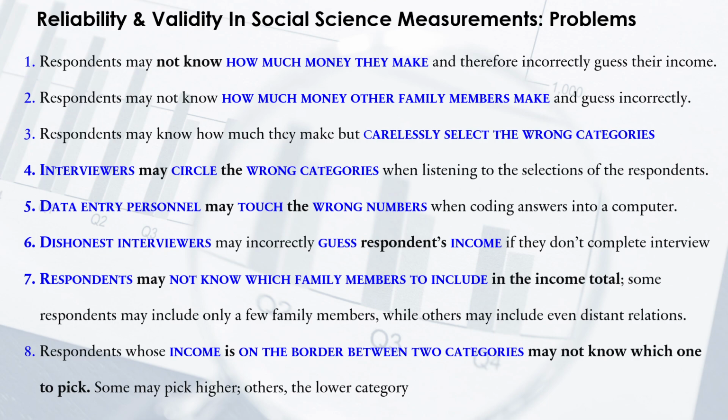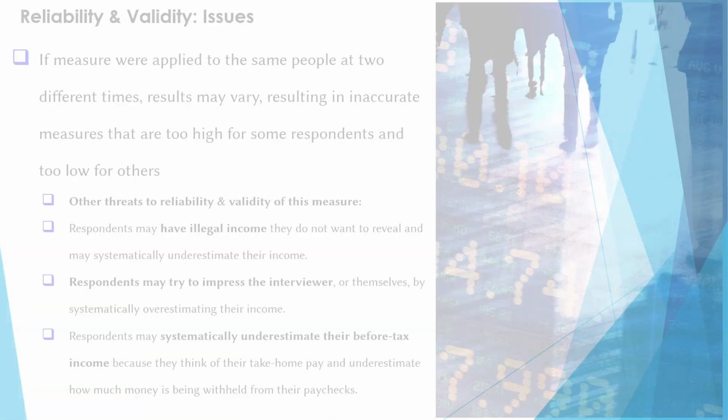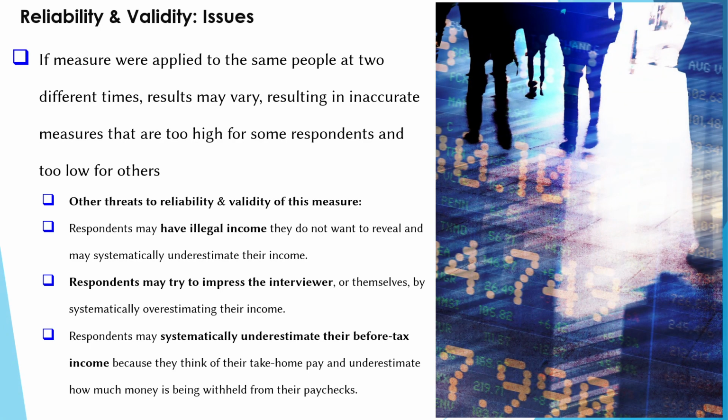So think about the threats that we see. When you're doing social science research, you have to remember that there are threats, and you can never be sure. This is why we say with a high degree of probability rather than I am certain that A, B, C, D. But there are other additional issues.